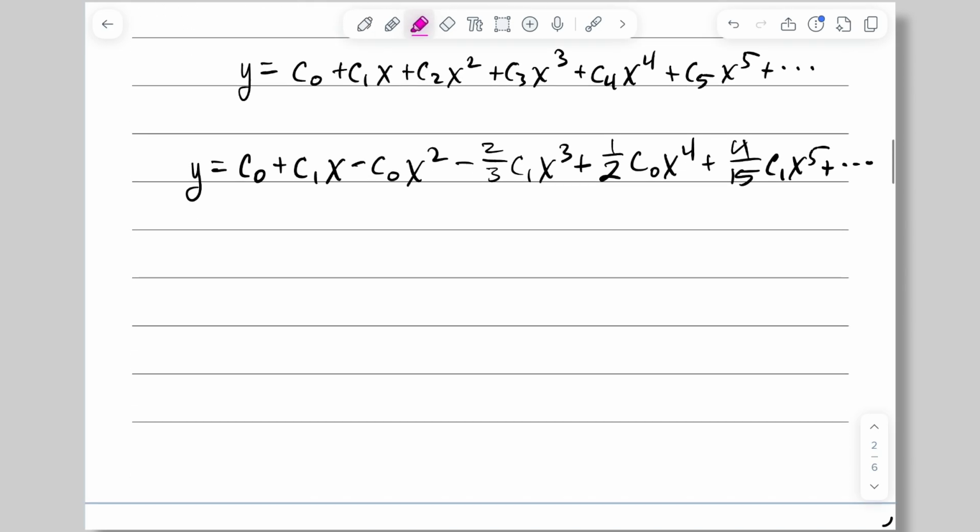Now you may notice that in our solution that we just wrote down, a few terms have the constant c sub 0, and a few terms have the constant c sub 1. So that actually parses out our two solutions.